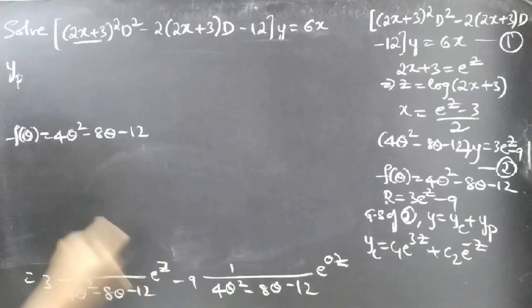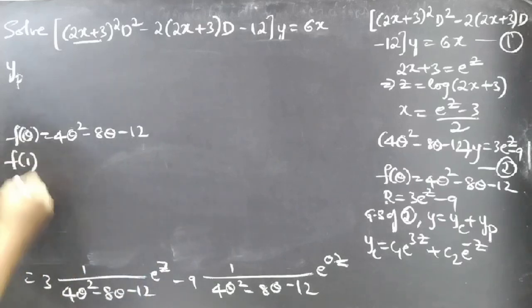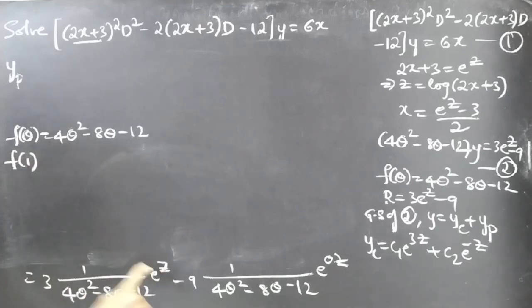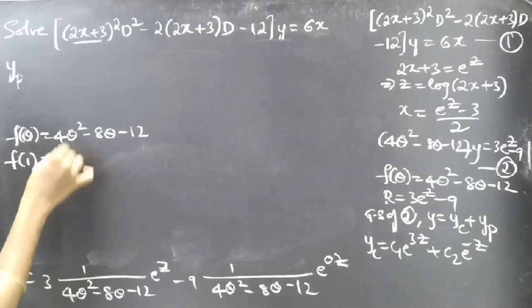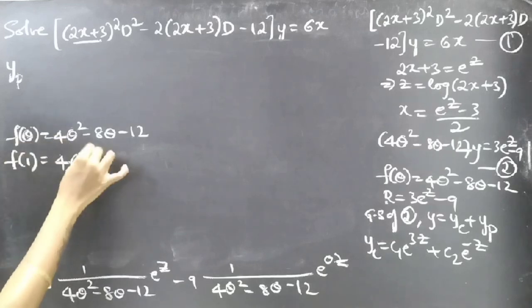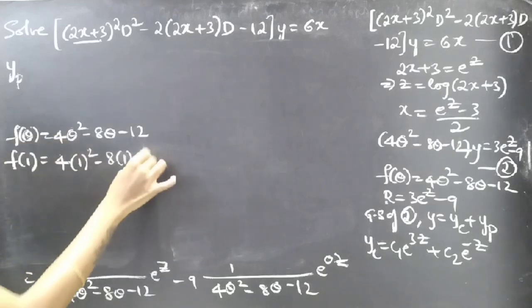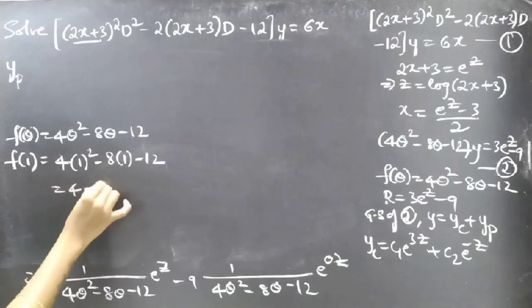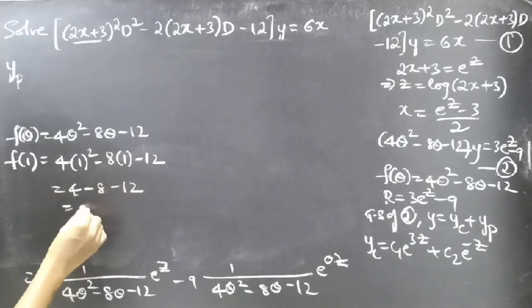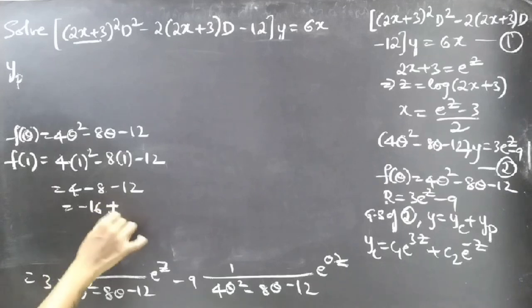Let's now find f of 1. Here the coefficient of z is 1, right? So we'll find f of 1 here. Just replace theta by 1, then we'll get f of 1 equal to 4 minus 8 minus 12. 4 minus 8 is minus 4, minus 4 minus 12 is minus 16, which is non-zero.